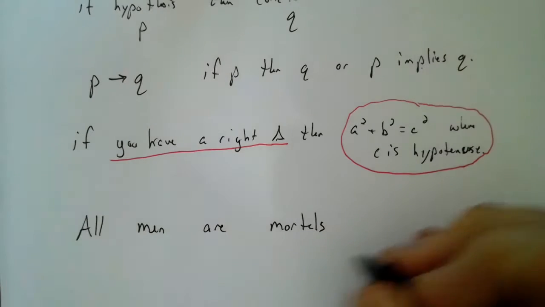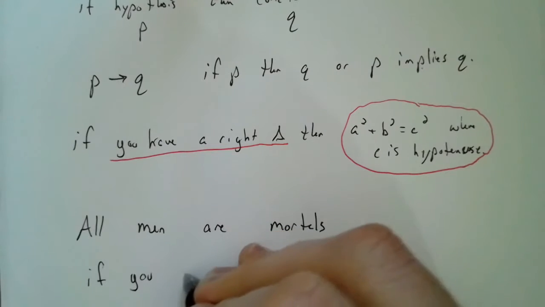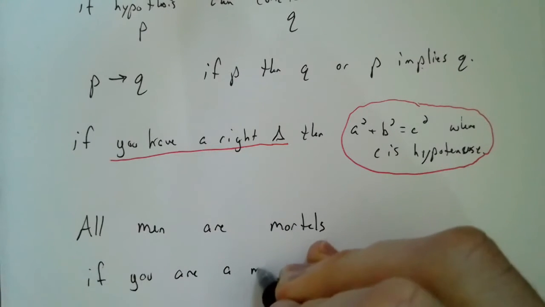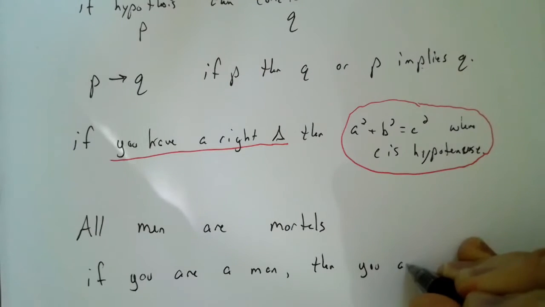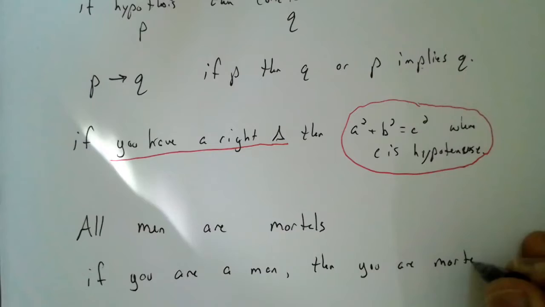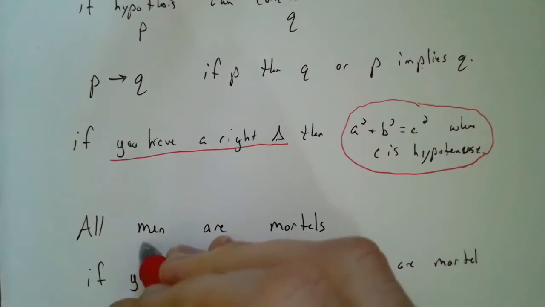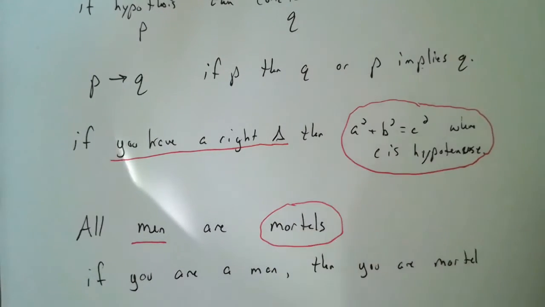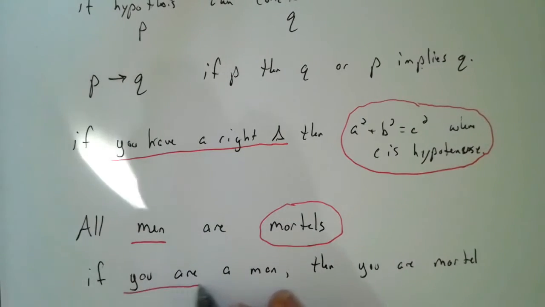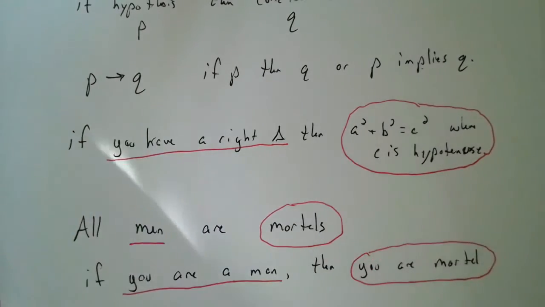As an if-then statement, it would be: if you are a man, then you are mortal. If we think about this, I can see the hypothesis is just men, and the conclusion is mortals. So if you are a man, then you are a mortal, okay? So that's what we're talking about here when we do these problems.